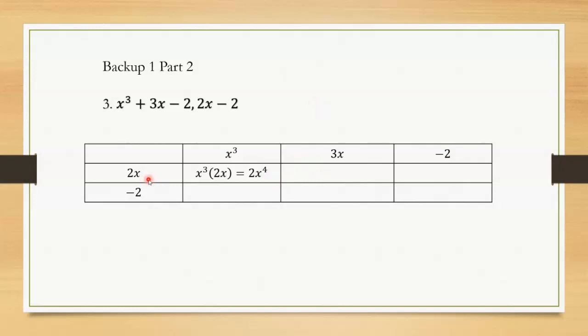For this one here, 2x times 3x, 6x squared, as you can see. 2x times negative 2, row times the corresponding column terms, we get negative 4x. Down here, minus 2 times x cubed, it's minus 2x cubed. Minus 2 times 3x, minus 6x. Minus 2 times minus 2 is 4.